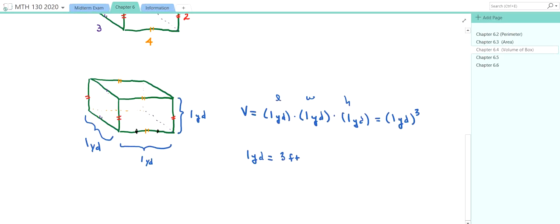I could divide this width here up into 3 sections, each of which is 1 foot long. So I could do the same with the top up here. And let's connect these with a straight line.